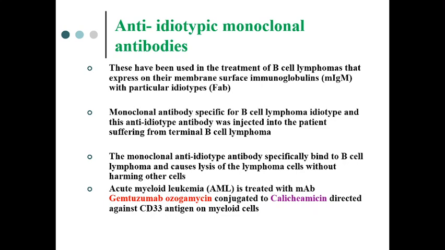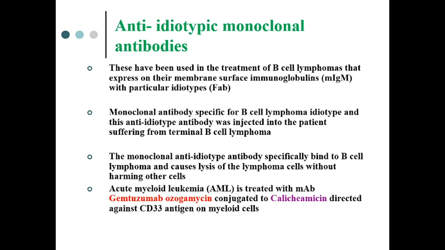Anti-idiotypic monoclonal antibodies are also a special type of monoclonal antibodies which are used for the treatment of B-cell lymphoma. They are specifically directed against the membrane-bound IgM molecule. The B cell receptor is a membrane-bound IgM molecule, and its Fab site is specific and is meant for a particular antigen. So the anti-idiotypic antibodies are directed against the Fab site of the IgM molecule of the B cell receptor.